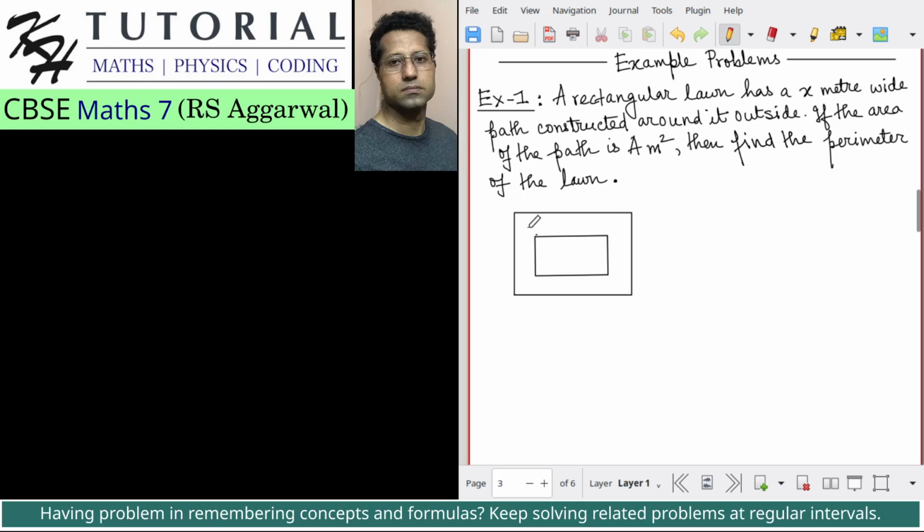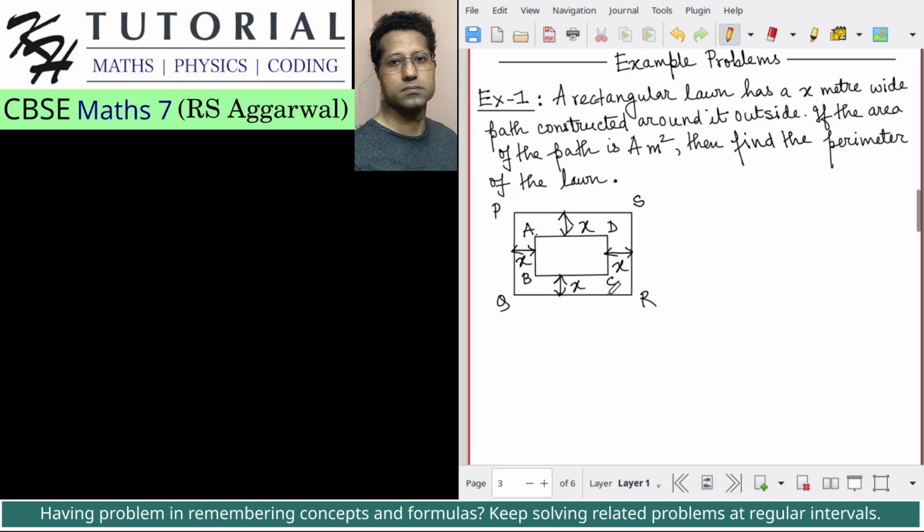So ABCD is the rectangular lawn, and the rectangle PQRS is the outer boundary of the path. The uniform width of the path is x meter. So these are all x meter.